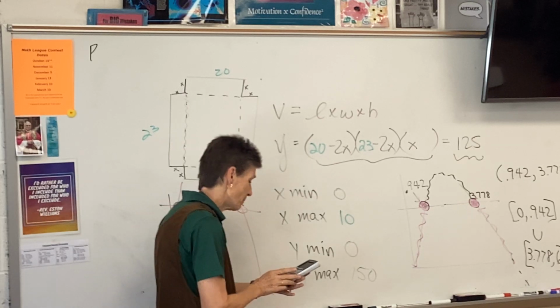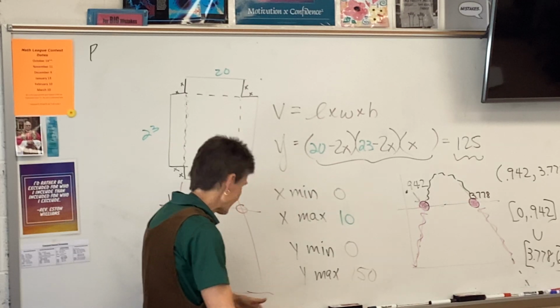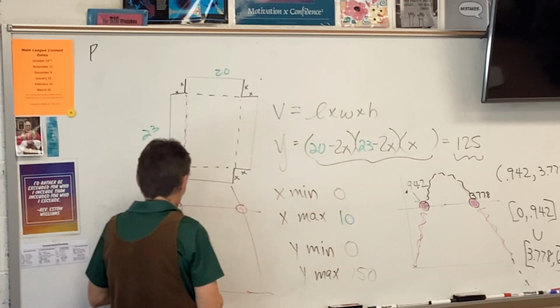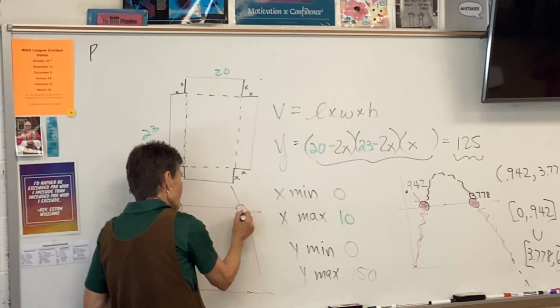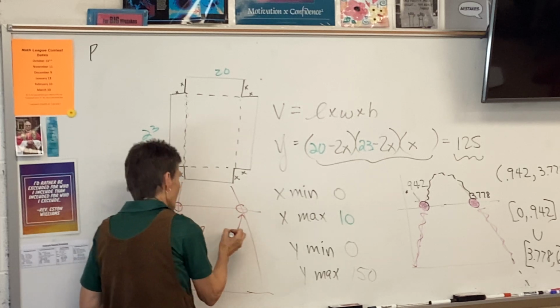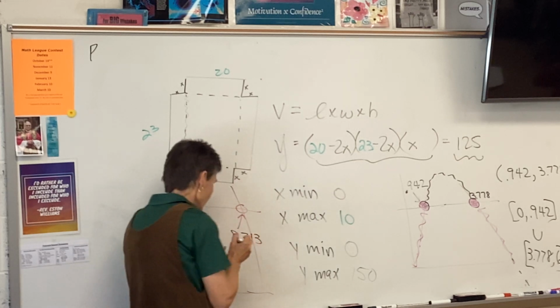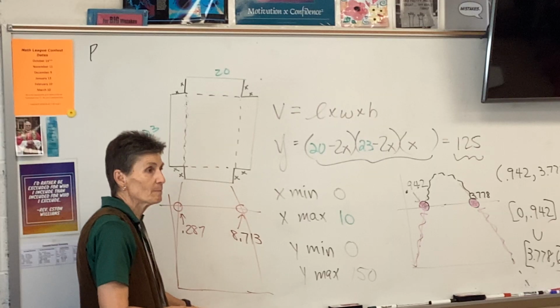Alright, so one of them is 0.287. What did you get for the other one? 8.713? Does that sound okay to everybody?